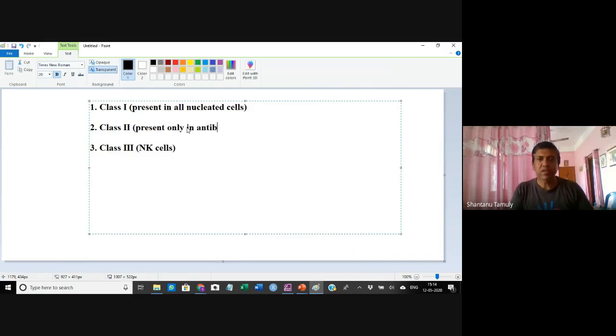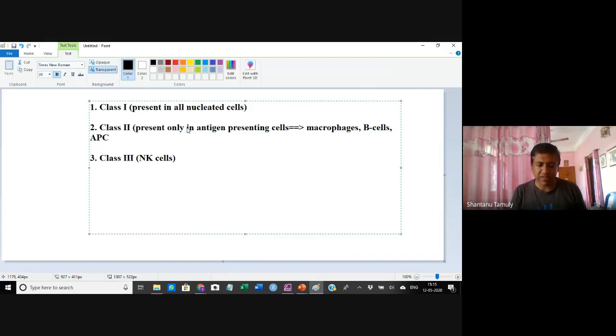Class 2 is present only in antigen presenting cells. That may be macrophages, B cells, because B cells also sometimes act as phagocytes. Broadly we call them APC, antigen presenting cells.